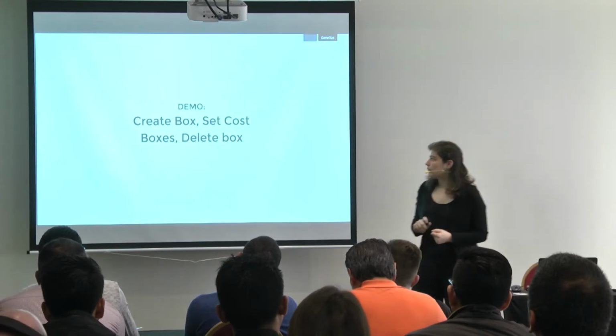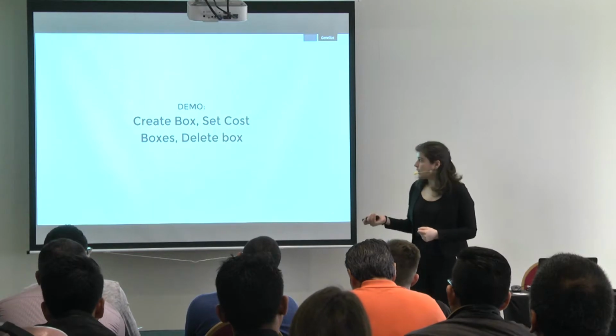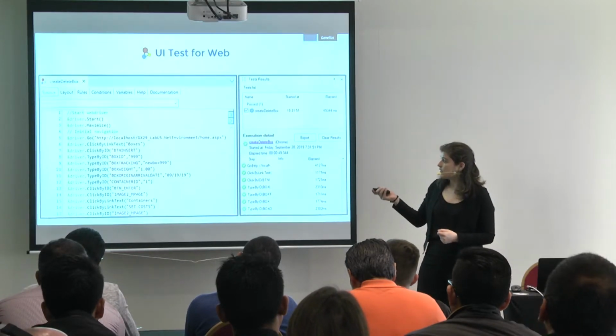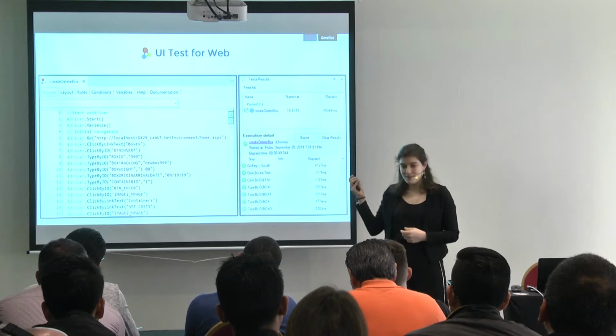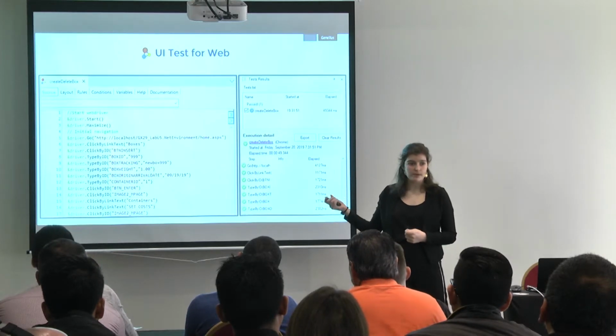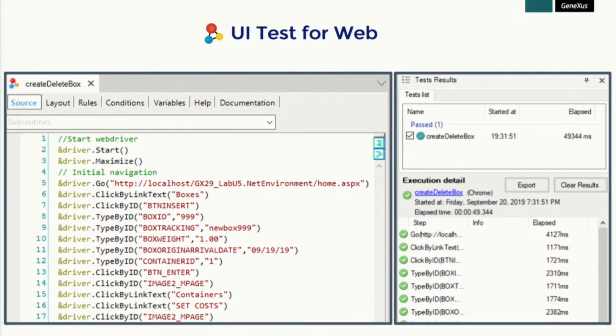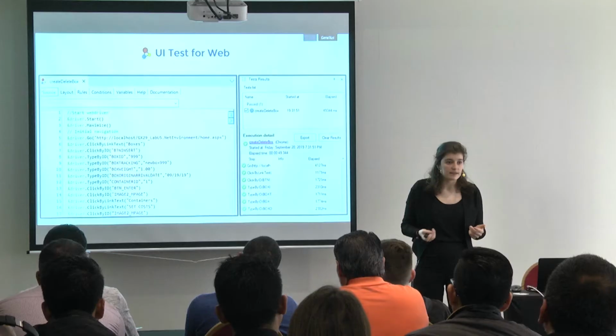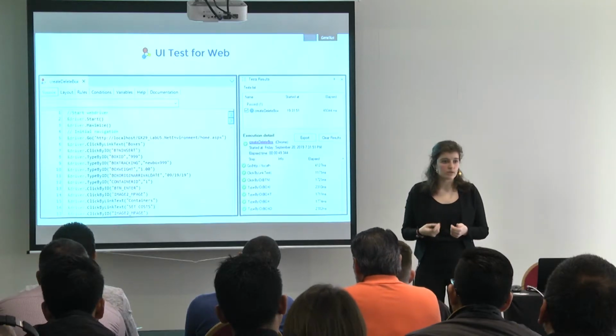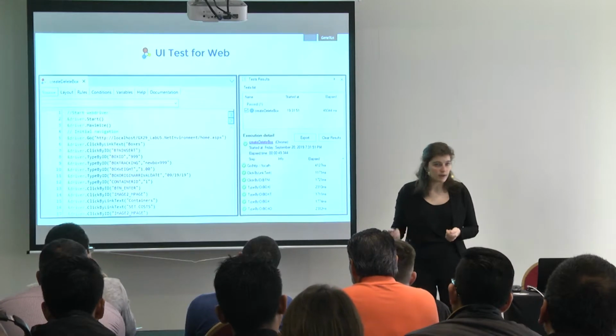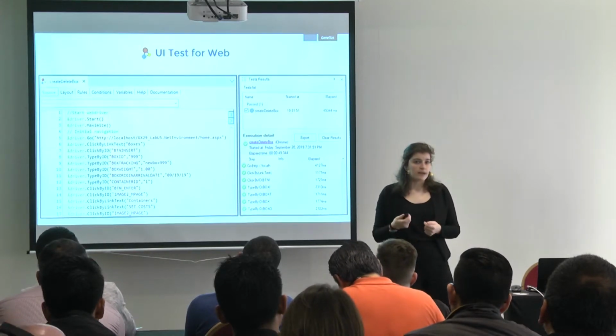So I'm going to show you a demo. Imagine that starting to create these interface tests is not so simple. When you want to take an object and codify it manually, it would take a long time. That is why we have a Chrome extension, which is the GX recorder.